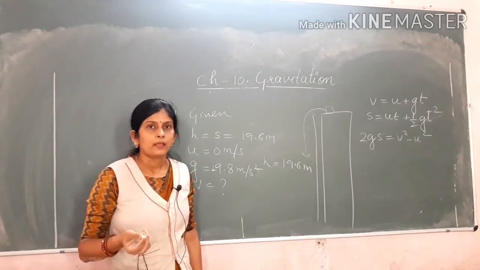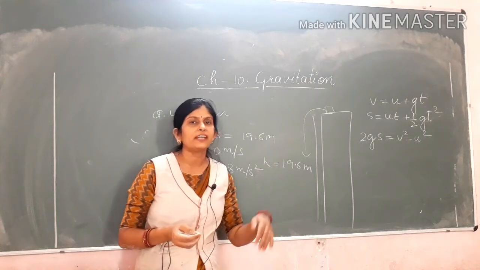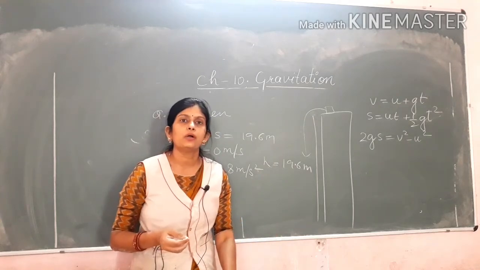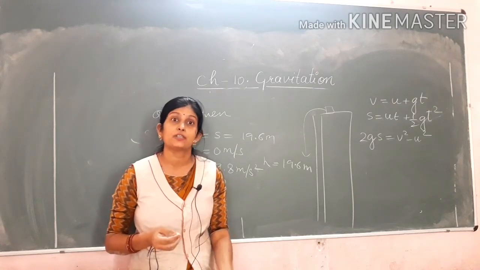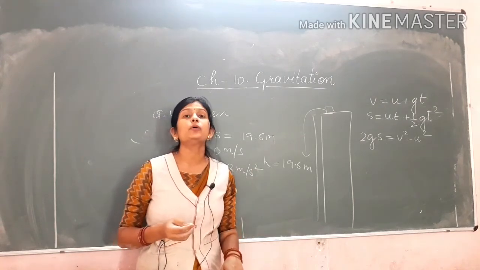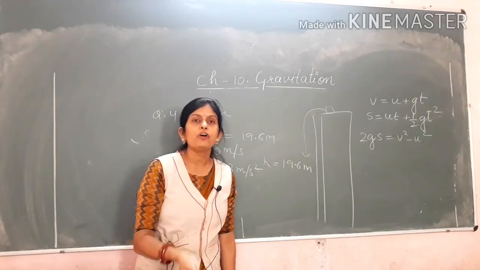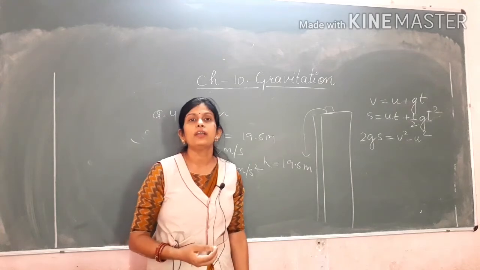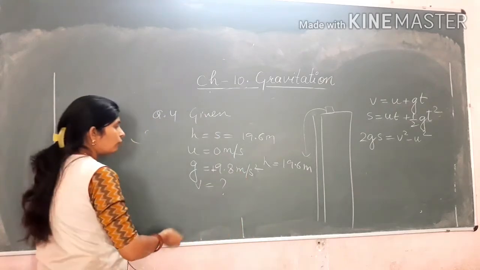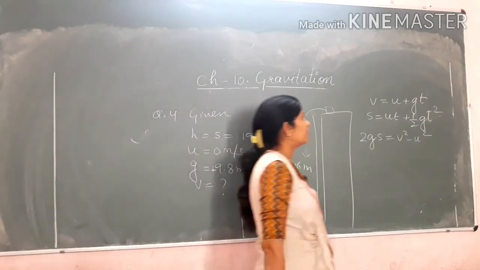It's obvious that when this stone strikes the ground, it will come to rest and its velocity will be 0 meter per second. But it is mentioned in the question that before touching the ground, you have to calculate the velocity, means the final velocity. So for calculating final velocity, which equation of motion can we apply?